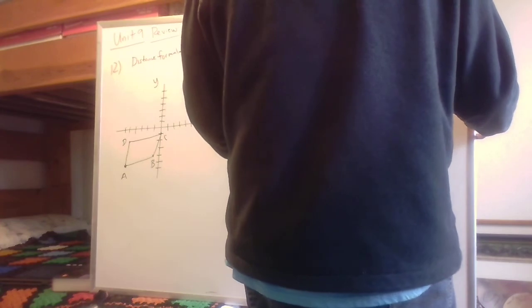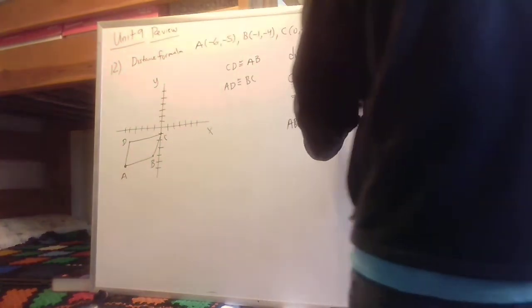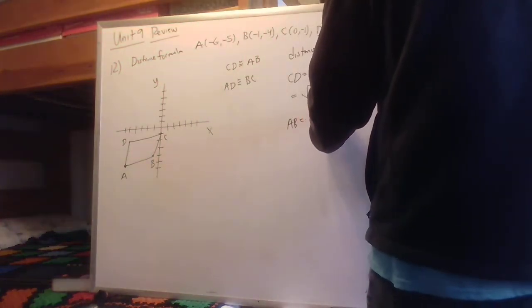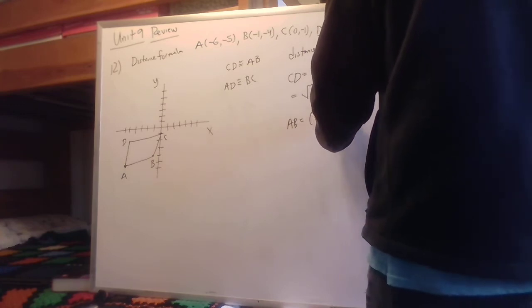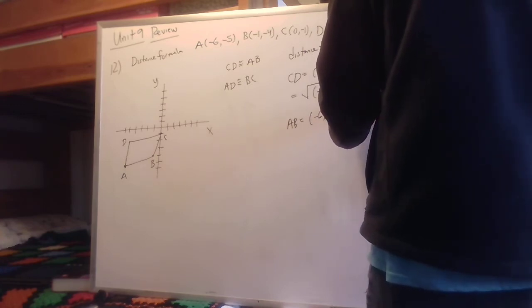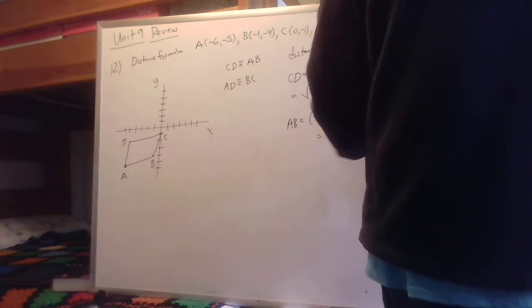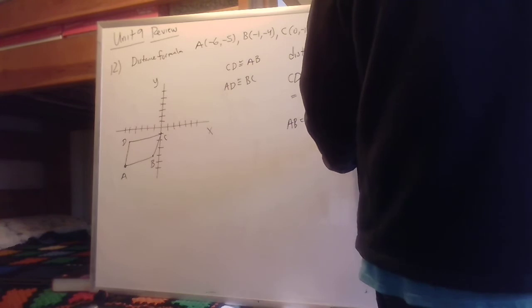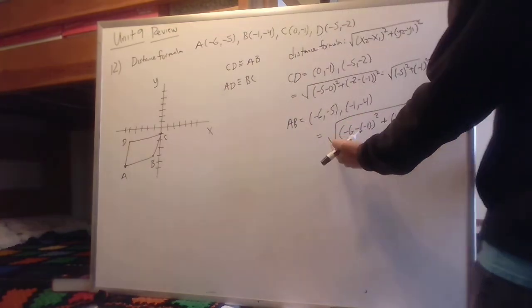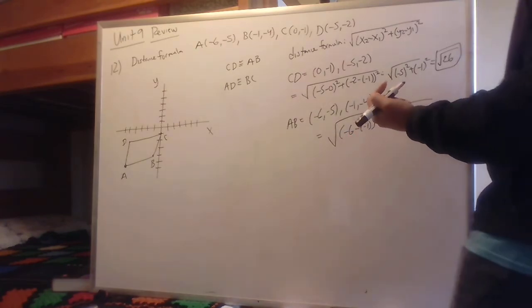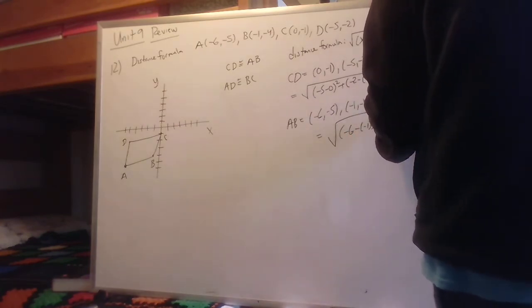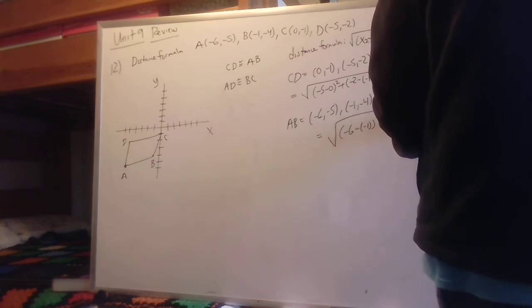So let's look to see if that is equal to AB. A's coordinate is at -6, -5, and B's coordinate is at -1, -4. Doing the math, we're going to have the square root of -6 minus -1 squared plus -5 minus -4 squared.